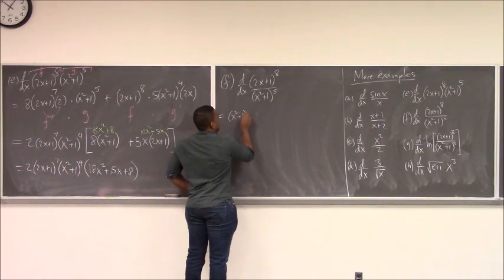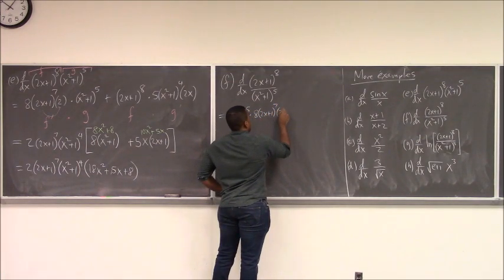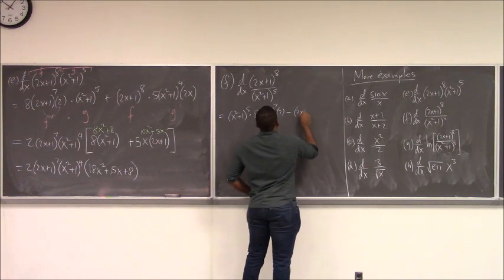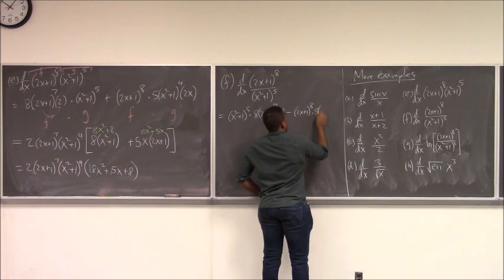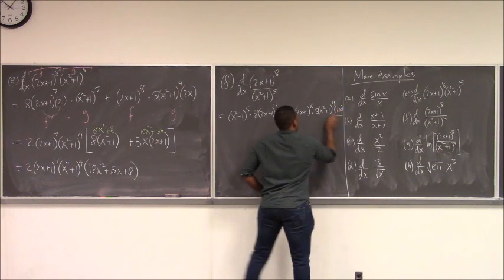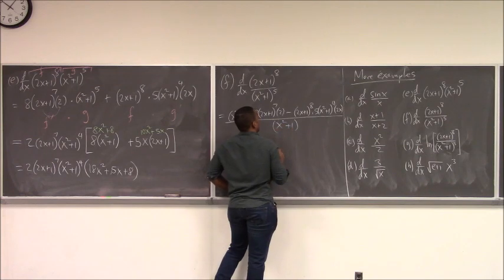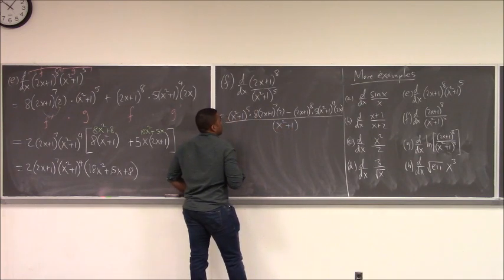So it's the bottom times the derivative of the top minus the top times the derivative of the bottom, all over bottom squared. What's x squared plus 1 to the 5th squared?